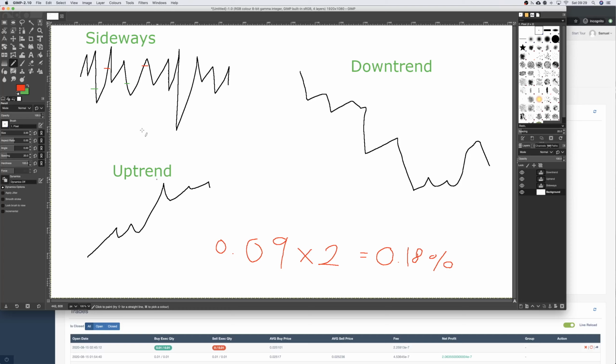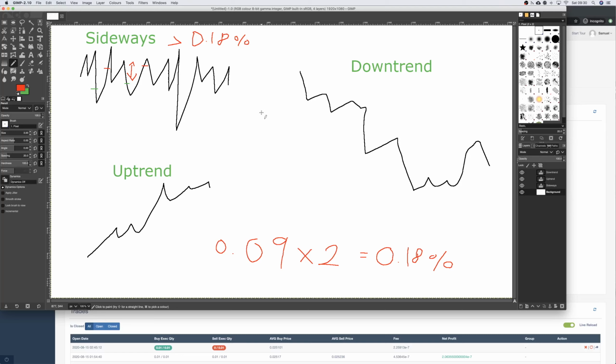This means that when we buy and sell, we need a target that is superior to 0.18%. Otherwise, we lose. So a very achievable target for the start is 0.25%, for example.